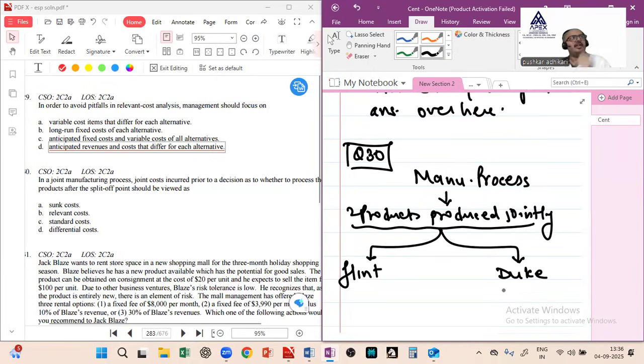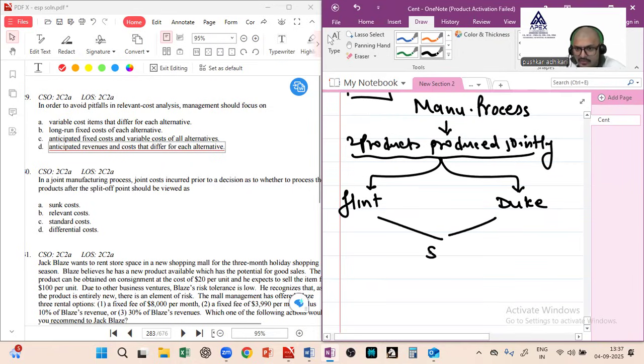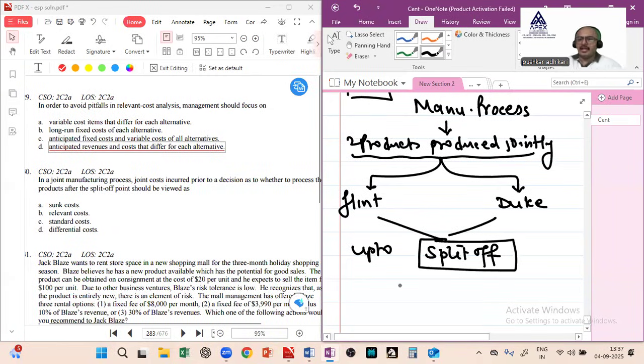Now, anyway, there are two products that are produced. One is Flint and one is Duke. They are produced jointly, and finally they come to a point where they will be split off. Up to this split off point, they are jointly produced.